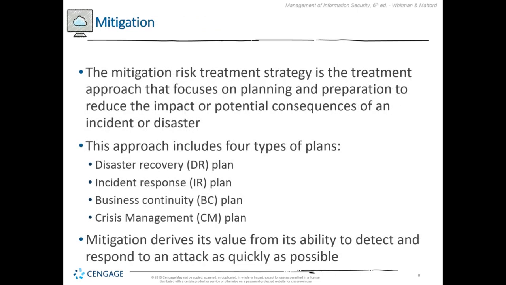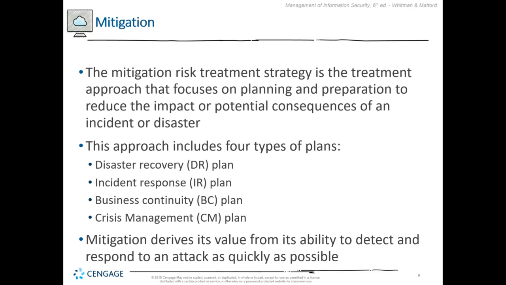The mitigation risk treatment strategy, as we said, is focused on the planning and preparation to reduce the impact of an incident or disaster. We really have 4 types of plans in the mitigation strategy: your disaster recovery plan, an incident response plan, your business continuity plan, and then a crisis management plan.